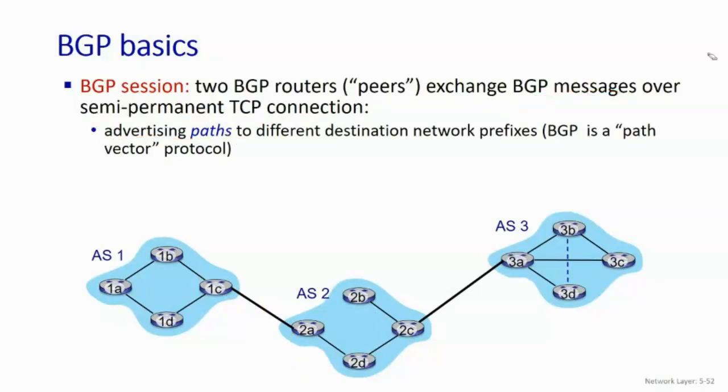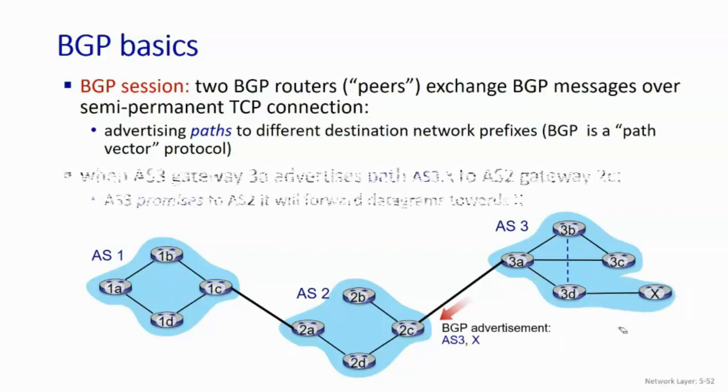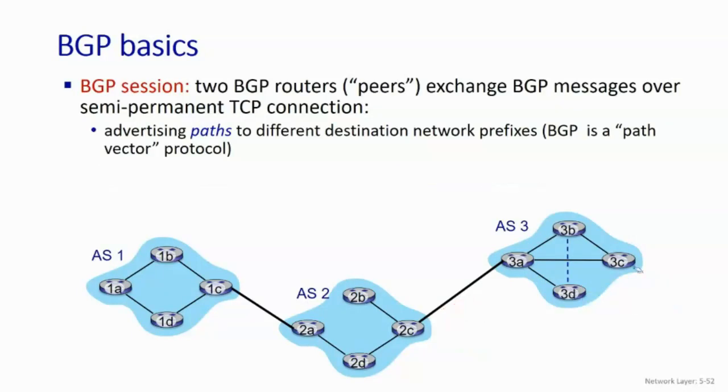See, in autonomous system 3, one new router is added. That is X. So what will happen? Once a new router is added, all the autonomous systems should maintain an entry to verify the reachability of that router. See how that happens.